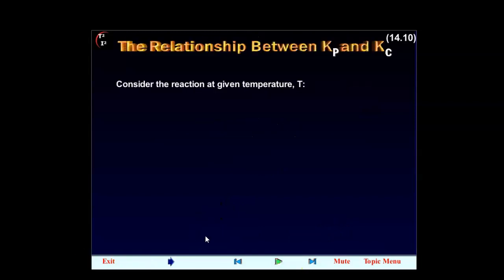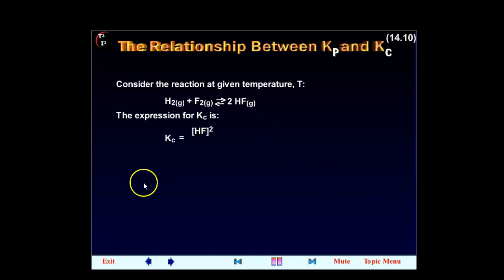All right, in this section we want to look at the relationship between the Kp and Kc. We're going to see how they are related in one way or the other using this example. The expression for K sub C is K sub C is equal to the concentration of HF to the second power divided by the concentration of H2 times the concentration of F2.